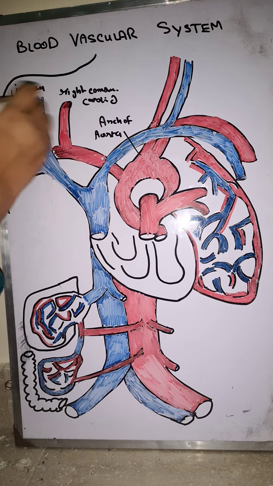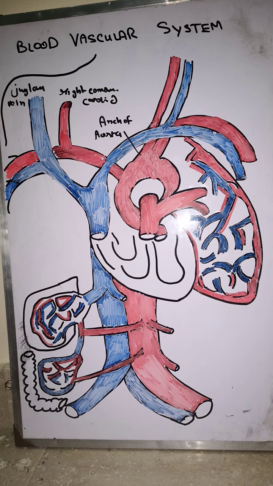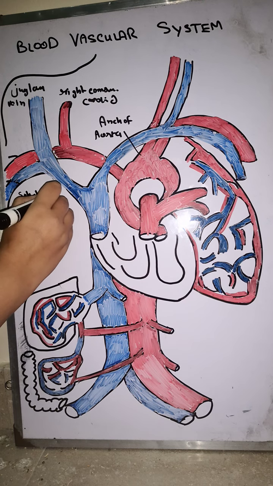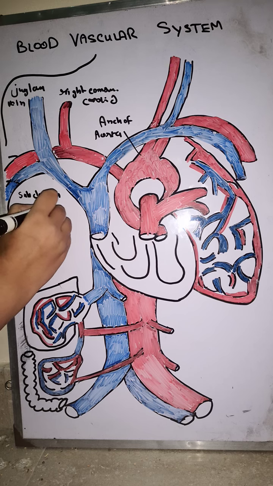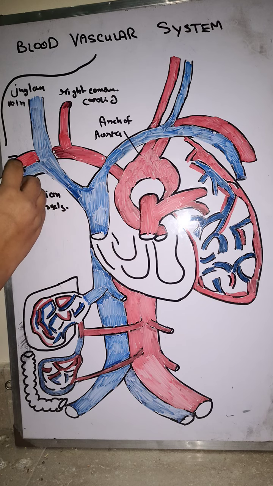As the name indicates, note the blue and red colors. The red color is always for oxygenated blood, while the blue color is always for deoxygenated blood. Always remember, when the vessels go into the subclavicular part, they are called the subclavian vessels. These are the right subclavian vessels.